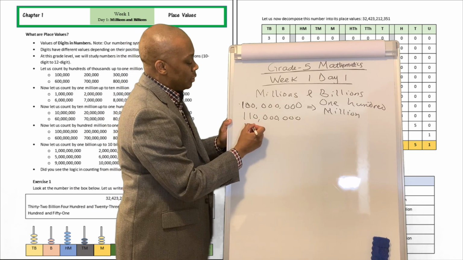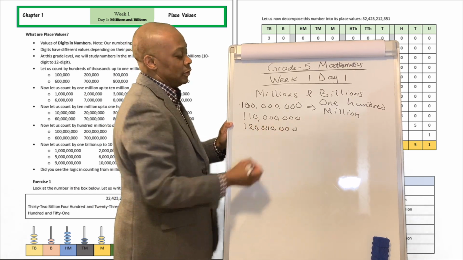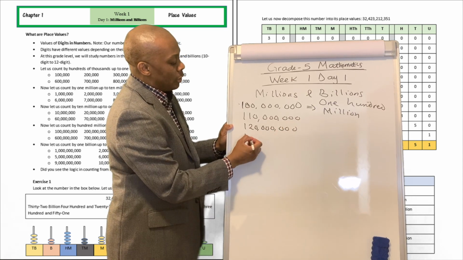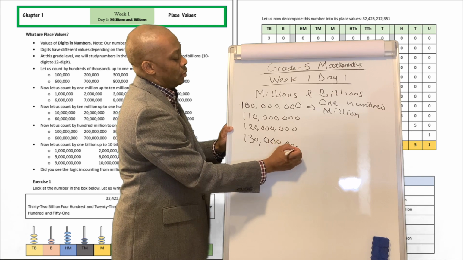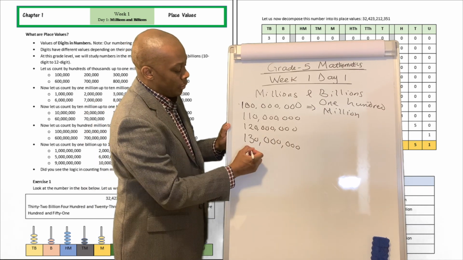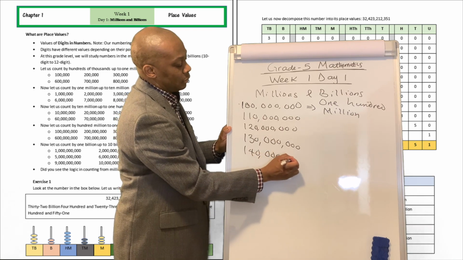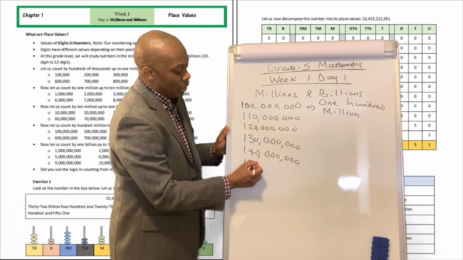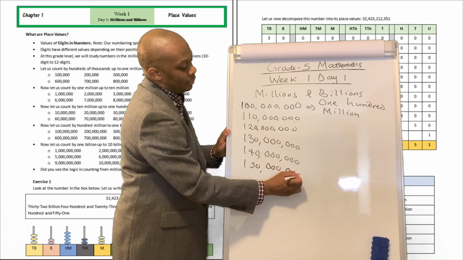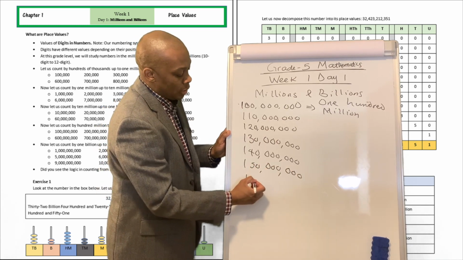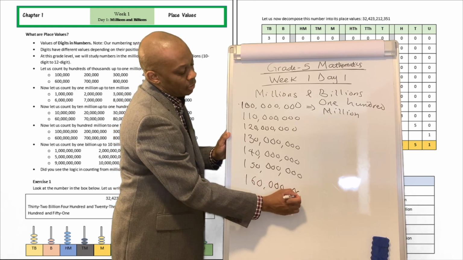So 120 million. Wow, those are big numbers right here. 130 million. Okay, now 140 million. All right, 150 million. Right, 160 million.